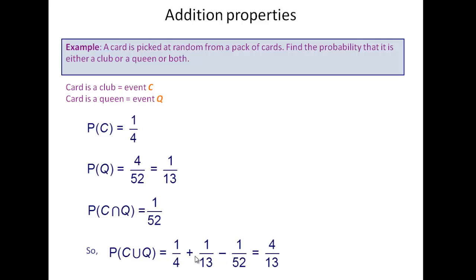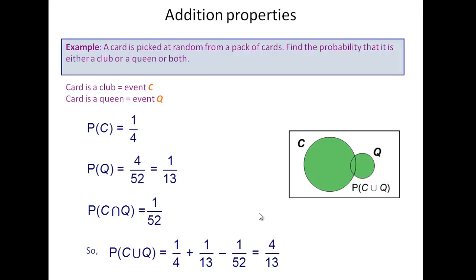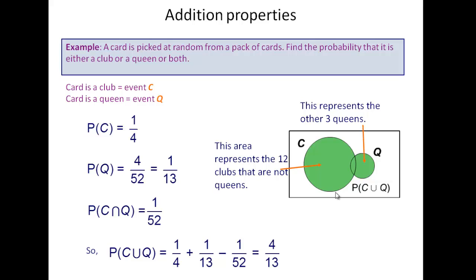And here we have a good bit of practice with adding and subtracting fractions. This is what it looks like on a Venn diagram. Here's our clubs, 13 clubs. We have here the 4 queens and then the queen of clubs in the middle. So 12 clubs that are not queens, 3 queens that are not the queen of clubs, and that's the queen of clubs.